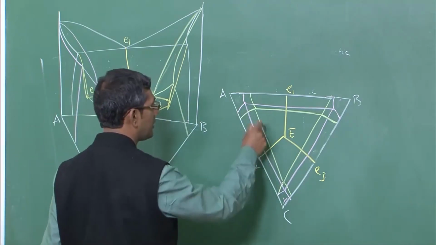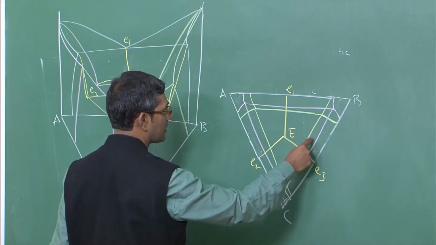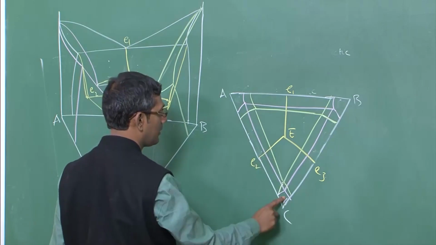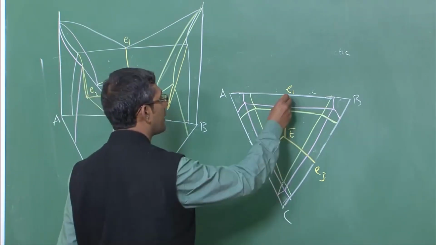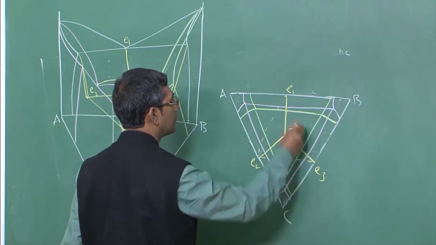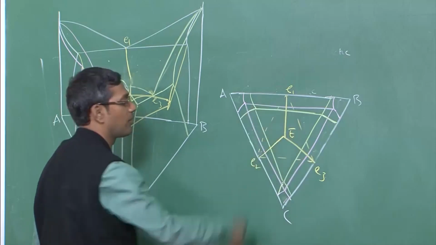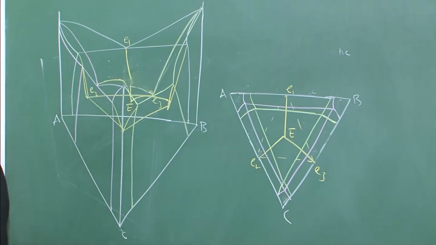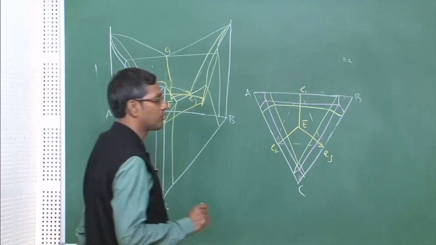These are the 2 phase regions, this is a liquid region, this is basically beta plus gamma, this is beta plus gamma plus liquid, alpha plus beta, alpha plus gamma plus liquid, and this is the 3 phase region. Okay. So, one can draw this triangle to show the 3 points and also the eutectic very clearly. This is exactly what I just wanted to show you, so that you can draw it yourself. You should try it and draw it yourself.